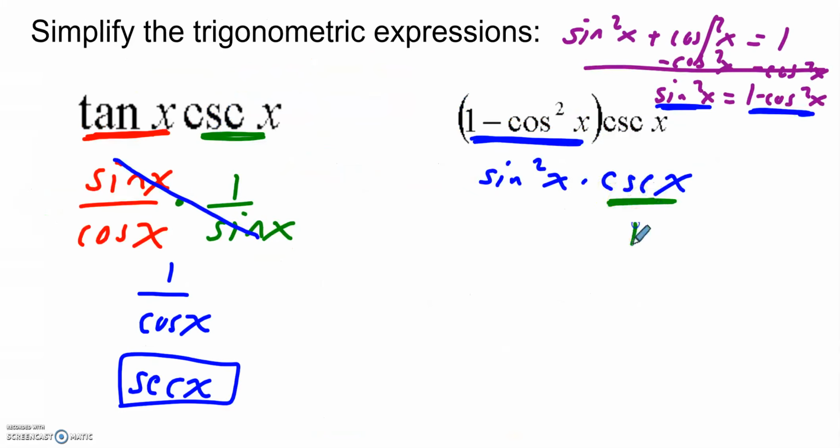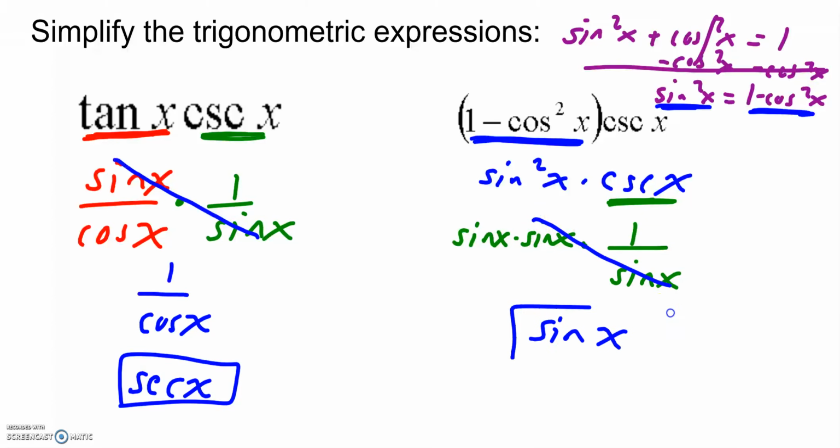So if I replace this with 1 over sine of x, that's useful because sine squared is really equal to sine of x times another sine of x. So what happens is that one pair of the sine x's cross out, and so my final answer is just sine of x.